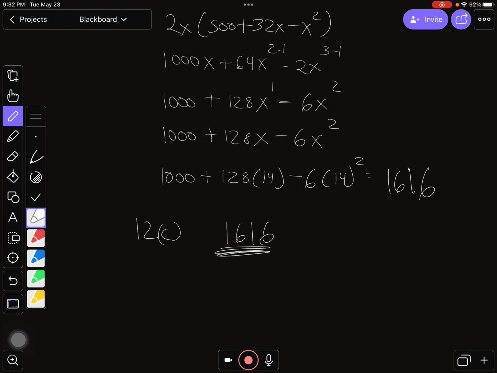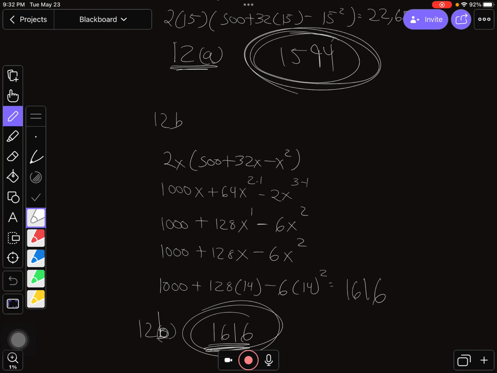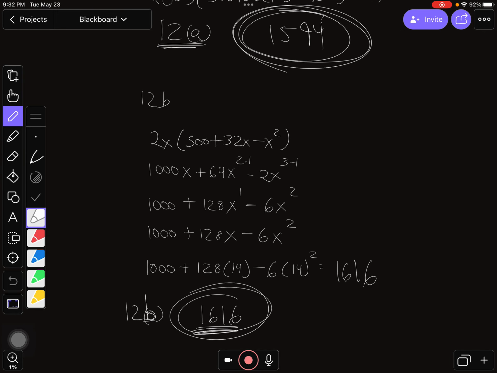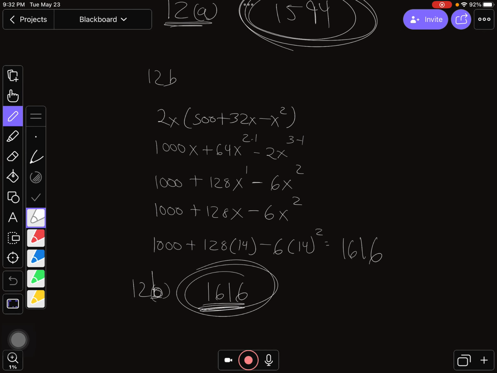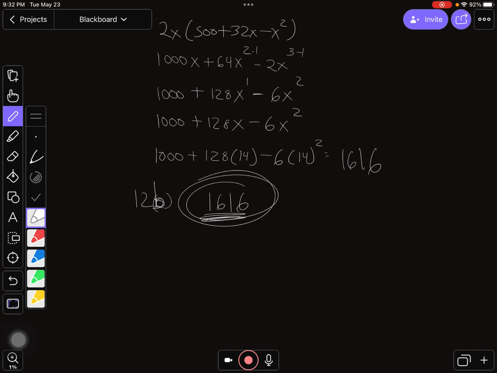Now, that's 12B. Part C says compare the results of Part A and Part B. If I compare them, Part B was 1616, Part A was 1594. Those are pretty close, so for Part C the answers are close.